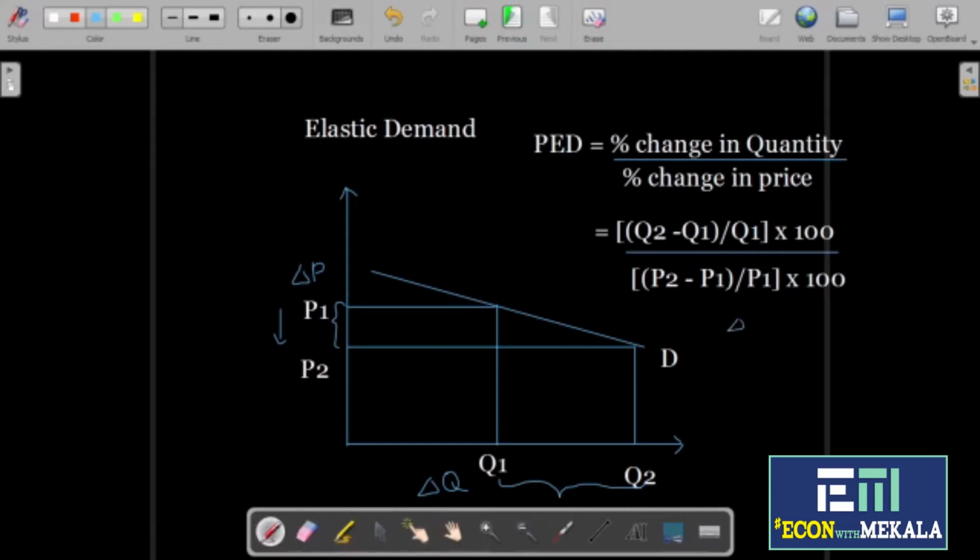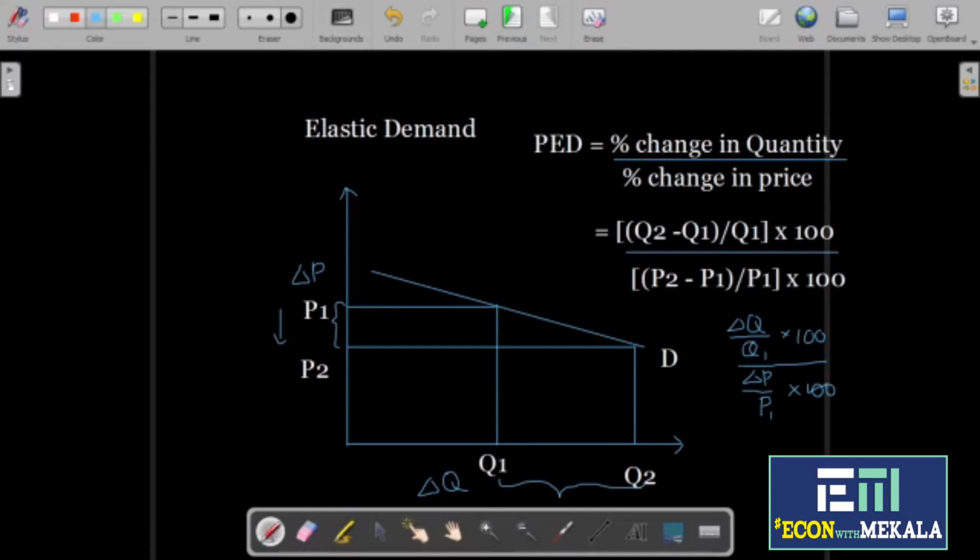That is going to be delta Q divided by Q1, multiplied by 100, divided by delta P divided by P1, multiplied by 100.